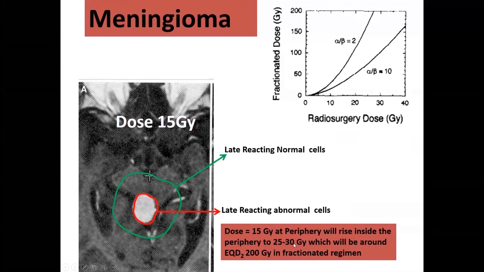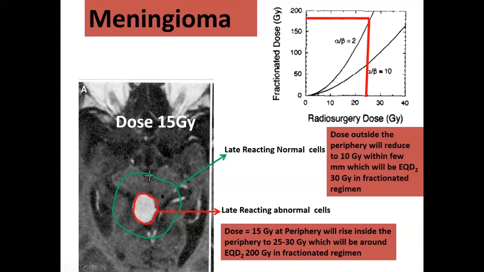Now, if you come to this graph, 30 gray will result, or 25 gray will result, in an EQD2 of more than 150, almost 170. I mean, with any modality of fractionated radiotherapy, you cannot deliver such a high EQD2, which is possible with SRS. Similarly, in the surrounding normal tissue, you see there is a sharp fall beyond this target.